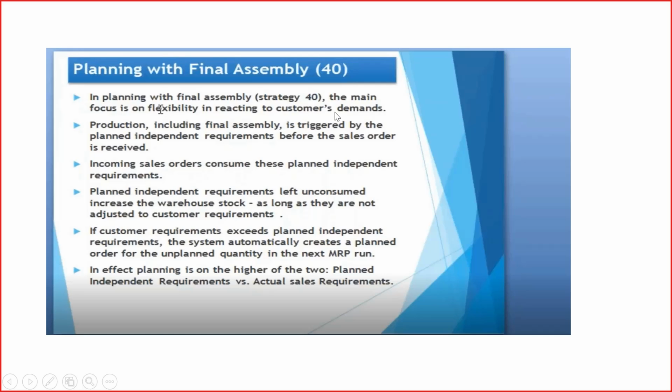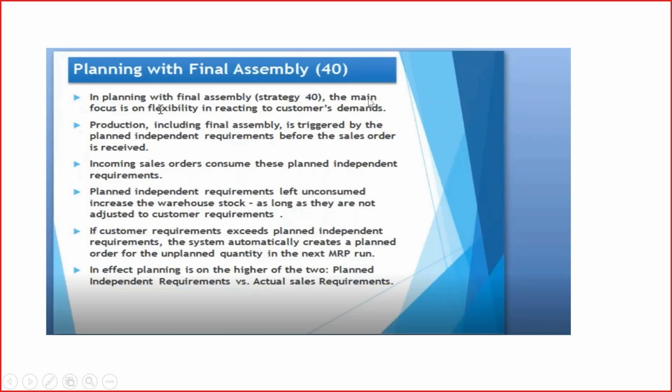So the main priority is given to the customer demands. Customer demand is nothing but a sale order, right? So the main priority is given to the sale order. Along with that, planned independent requirements are also considered in this kind of strategy.